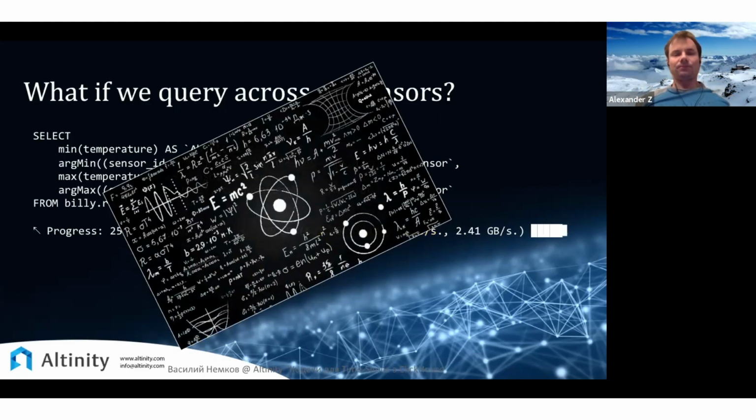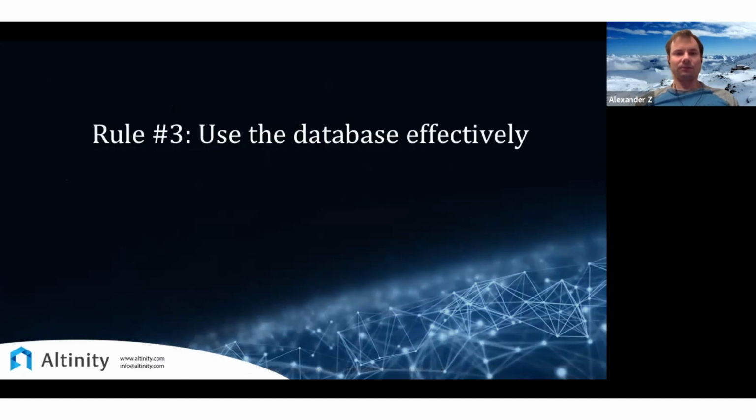So we need to think of something else, how to do it more efficiently. And this is our rule number 3. We need to understand how to use the database in the most effective, efficient way.